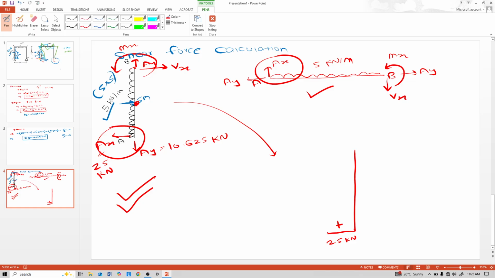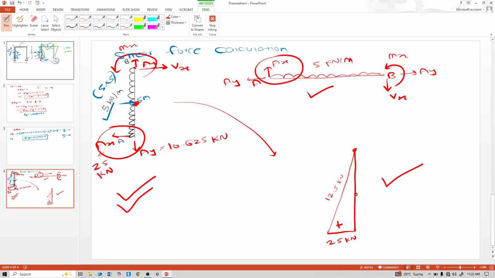It's the UDL, that means shear is an inclined line. At this point it is 12.5. Calculate the shear at this point also. So see, positive 25 minus 5 into 5 is 0. Yes, this is like this.